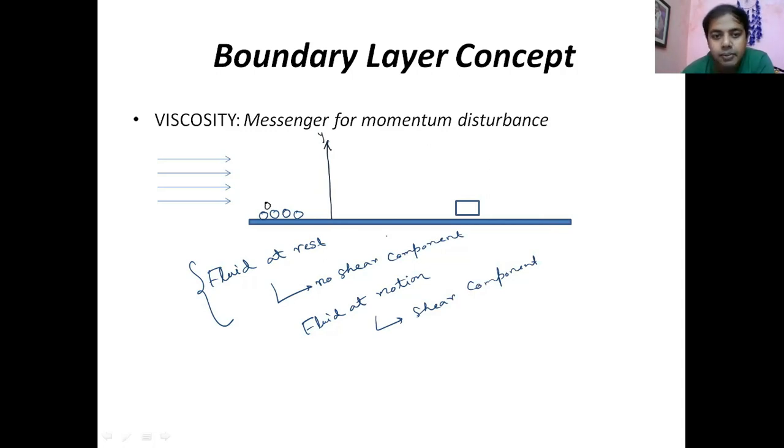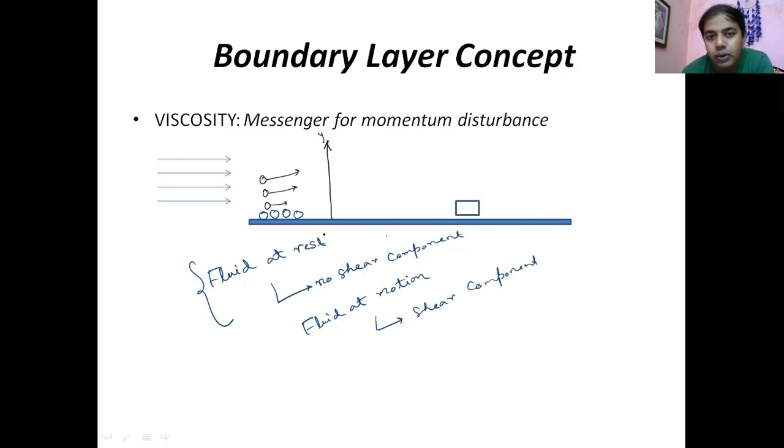If you go to the layer above, it has some slight velocity. So one layer to another has some differential velocity, so differential momentum. The next layer has slightly more velocity. The next layer has some further more velocity.